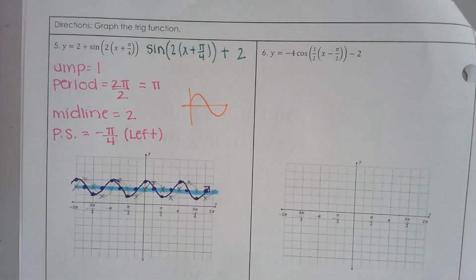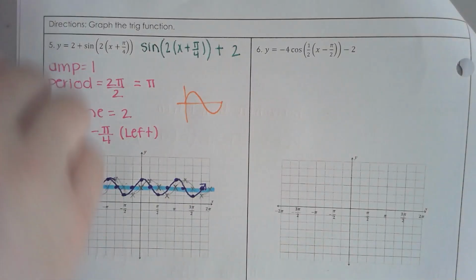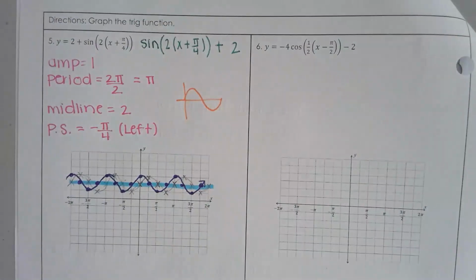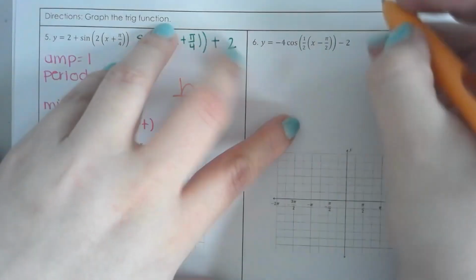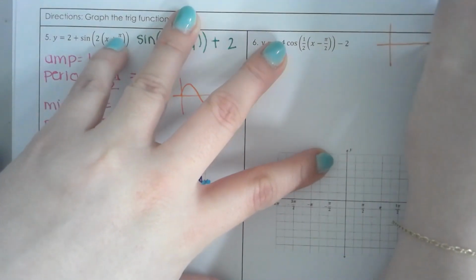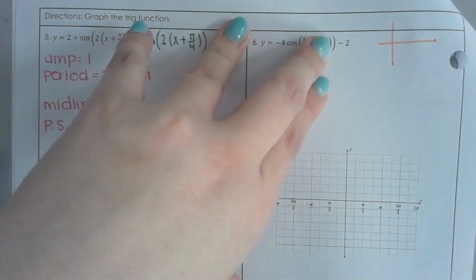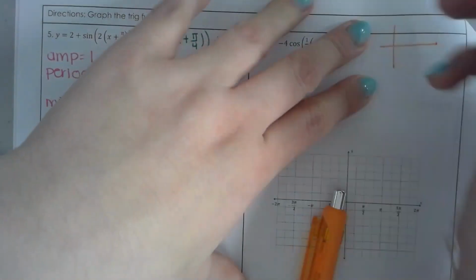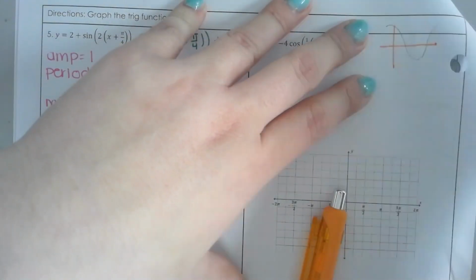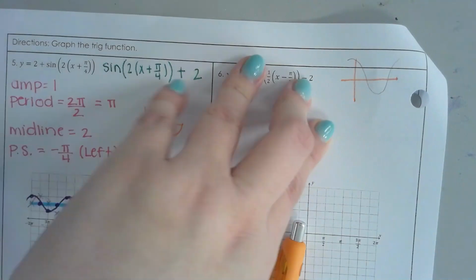All right, number 6. Ooh, okay, first of all, I know that it's cosine, and I know that it's negative. So normally cosine would look like that. Can you even see that?